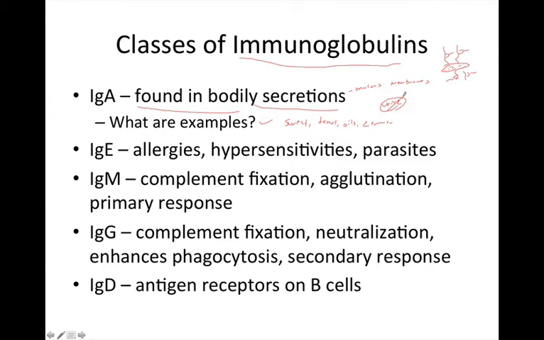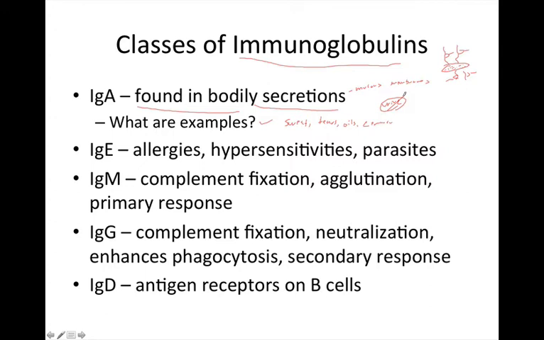If there is, that's a sign that there's probably something wrong with your kidneys. So urine doesn't fall into that. In general, immunoglobulin A is found in bodily secretions and is a good protector against materials that come in contact with body surfaces, like bacteria, fungi, and so on.